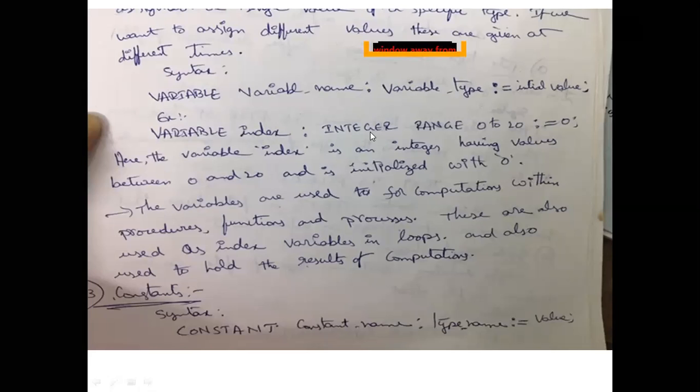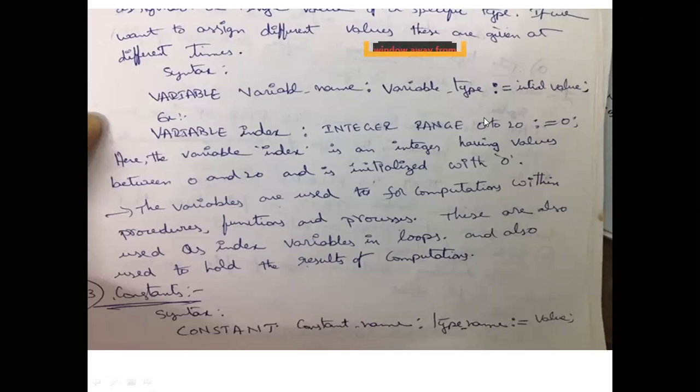Suppose if you want to declare integer, then the variable type is mentioned as integer. Under integer, suppose we want to declare from 0 to 20.